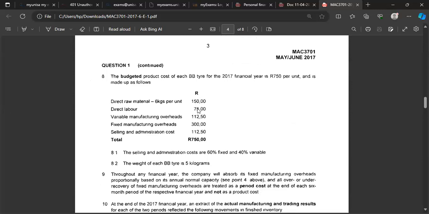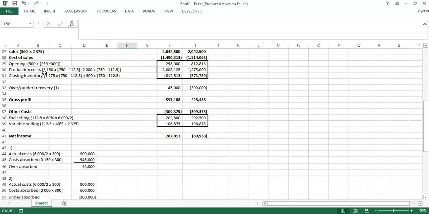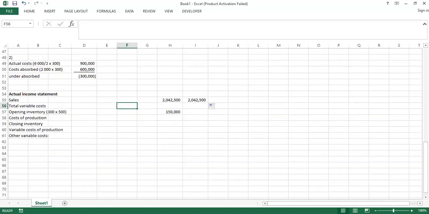You just add those three because those are the variable amounts, and then multiply by our production. Another method is to take 750, deduct 112.5, and deduct 300, like I'm going to do, just to maintain consistency. So we manufactured this, we corrected there, so it's 3150.